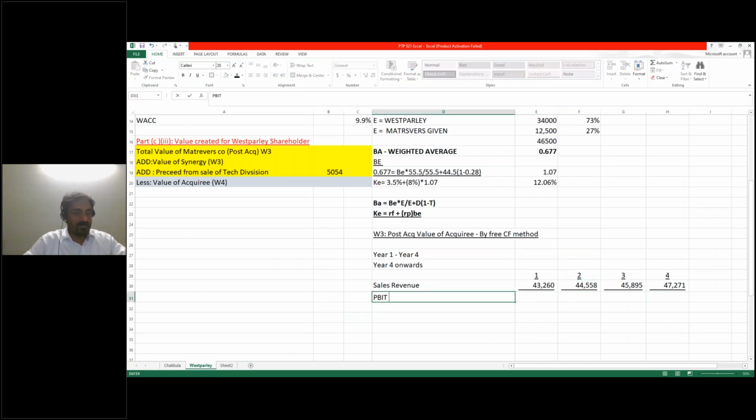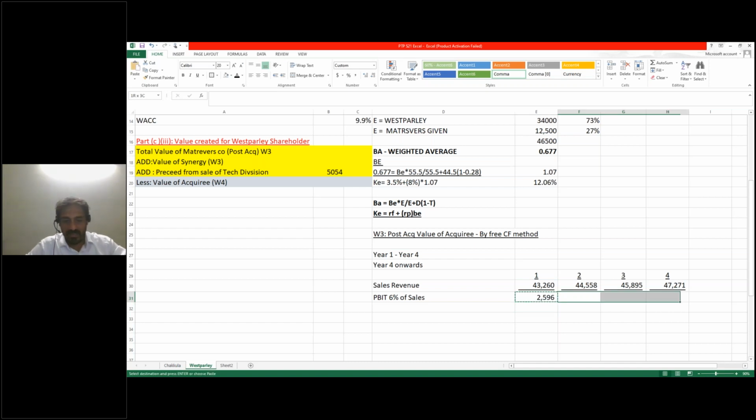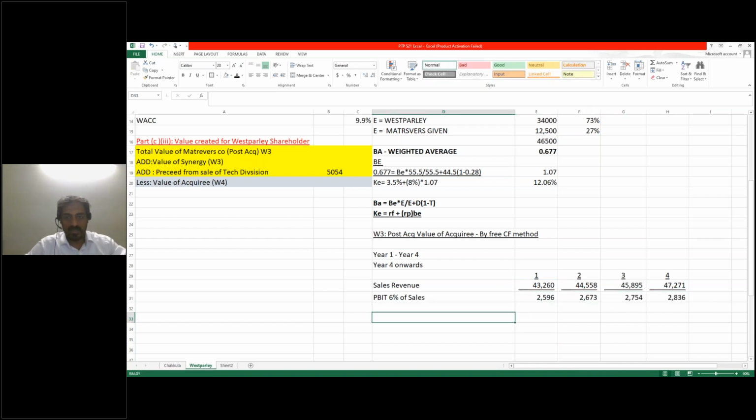Then PBIT. And PBIT is 6% of sales revenue. Is equal to E30 into 0.06. Control C, Control V. Then taxation.